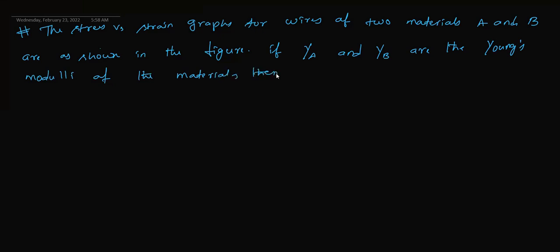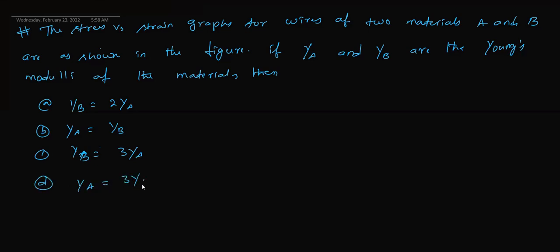Then option A, they're asking Yb equal to 2Ya. Option B, Ya equal to Yb. Option C, Yb equal to 3Ya. Option D, they given Ya equal to 3Yb.